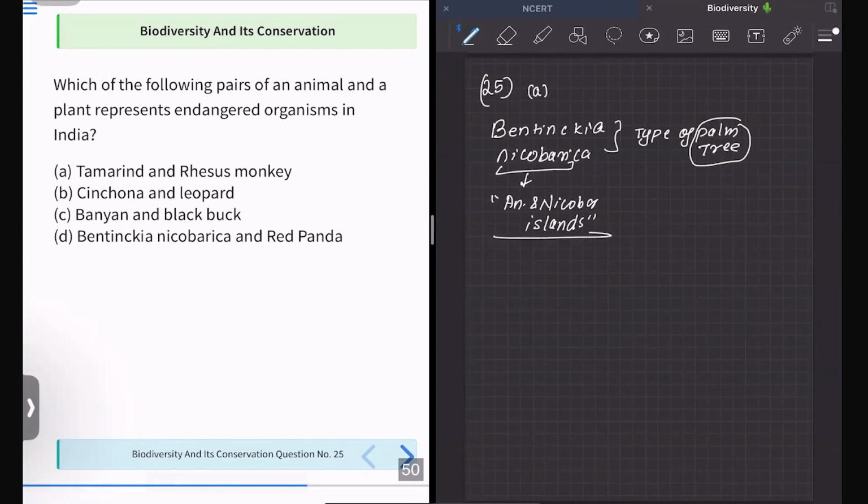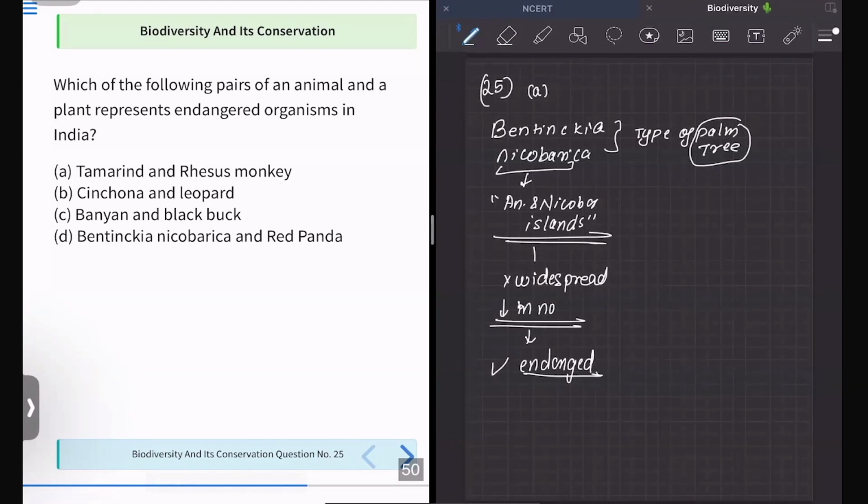Since you can't see it everywhere in the neighborhood of your house, that means the number is less, they are not widespread. And if they are not widespread, with their number decreasing, we can say it is one of the endangered species.